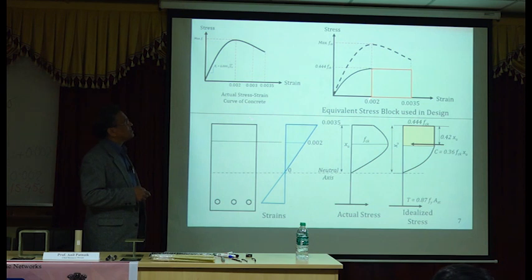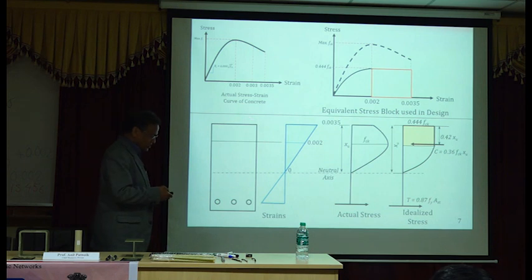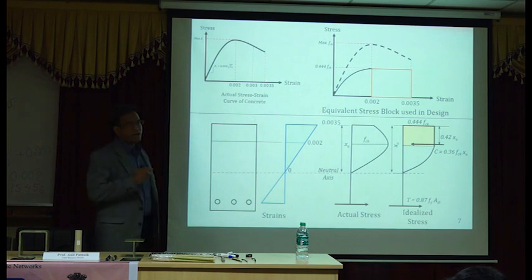So up to 0.002 we have parabolic variation. Between 0.002 and 0.0035 it's a constant stress. So these two stress blocks will give us the complete representation of the stress strain curve all the way up to 0.0035 in case of IS 456. But this you all know really well.